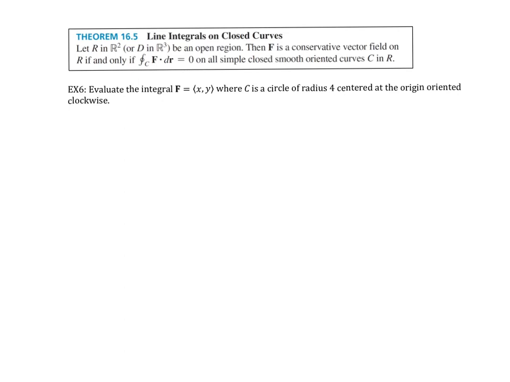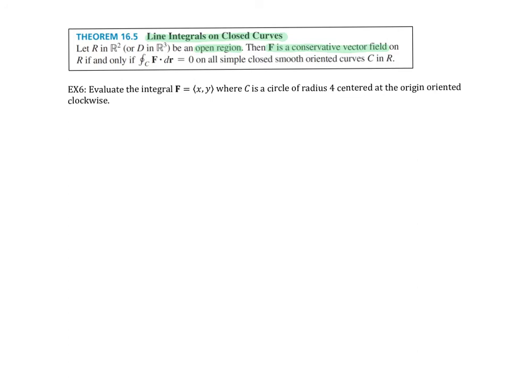Okay, last theorem in this section is theorem 16.5. This is looking at our line integrals on closed curves. So let's say that we have this region, and it could be in 2 or 3-dimensional space. It's some open region. Then let's say F is a conservative vector field.